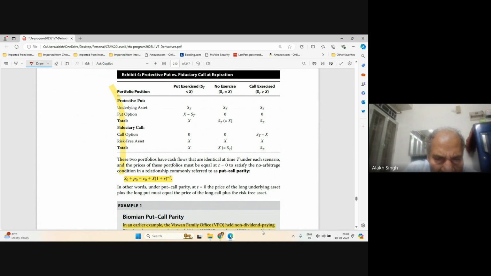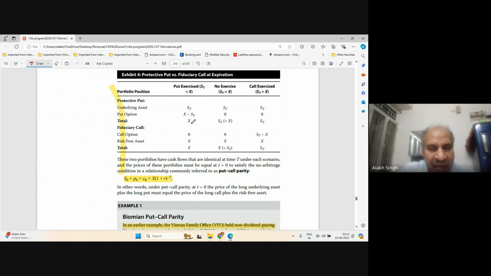The underlying asset is ST, and the put option when utilized becomes X minus ST. When ST is below X, it means the put has been exercised, so the person will get X. The one who has a protective put is assured of getting X at expiration. That is the minimum that he will get.